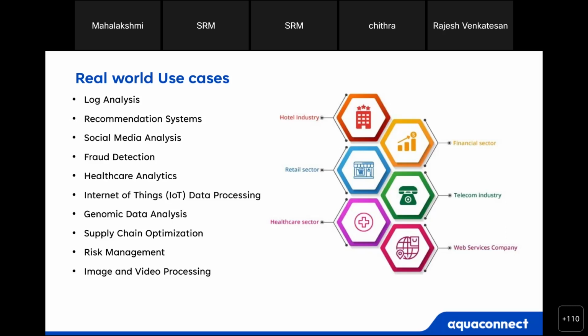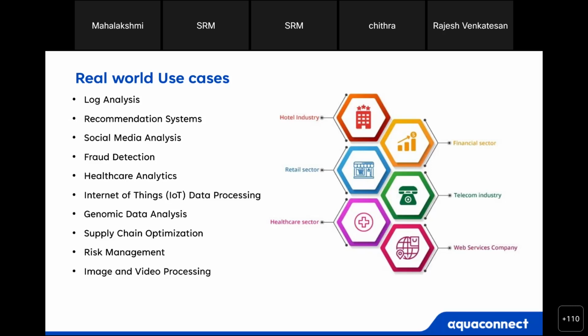Genomic data analysis means analyzing DNA sequence data, identifying diseases, and suggesting personalized medicines. Supply chain optimization is nothing but logistics. It is used in the transportation industries. Risk management. The best example of risk management is our insurance industry. They assess risk profiles and calculate the premium based on large data sets.